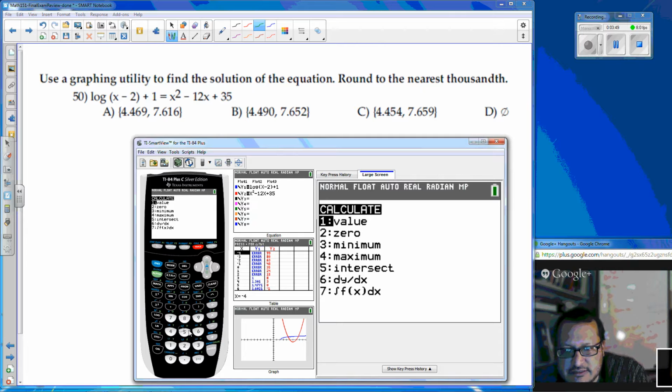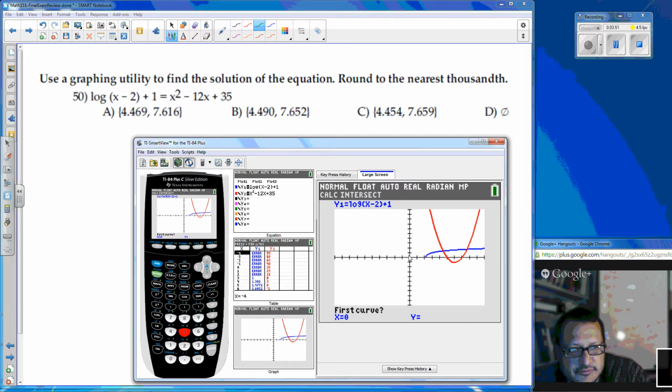So intersect is 5. The first curve. Notice that we don't see it at all. It's highlighted here, but I'm going to move over so that we can see it. It doesn't start till about 2 point something. So that's the first curve. Enter. The second curve is red.